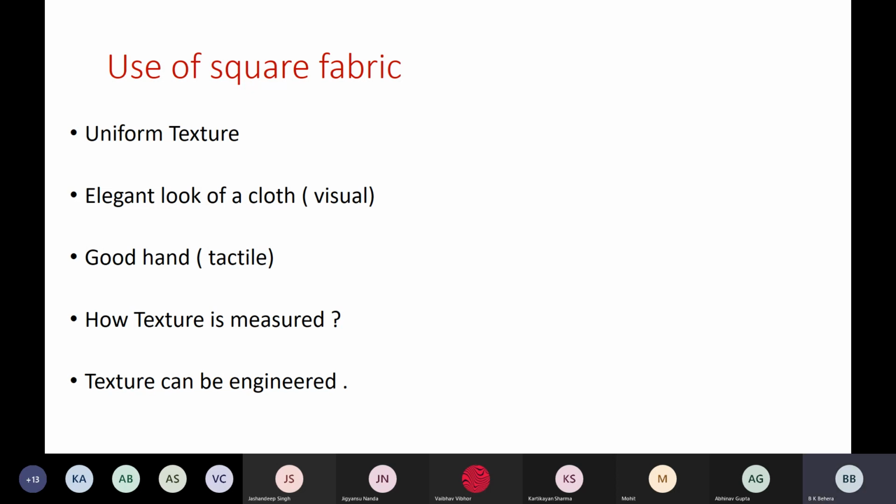The method is we simply measure the thread density in different locations of the fabric. Take, for example, 1 square meter of fabric. Choose any 20 positions in it, and in all 20 random positions, measure EPI and PPI.